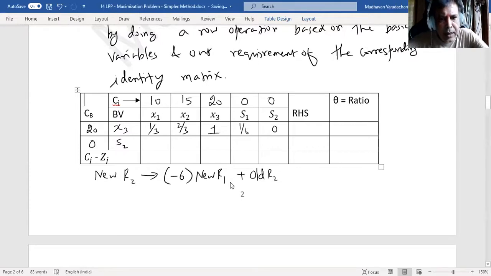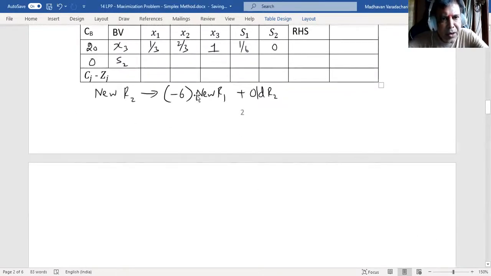Now, if we do that, let's see what we will get. New row 1 times -6 means -6 into 1 by 3. It becomes -2. -6 into 2 by 3 will be -4. -6 into 1 is -6. -6 into 1 by 6 is -1. -6 into 0 is 0.